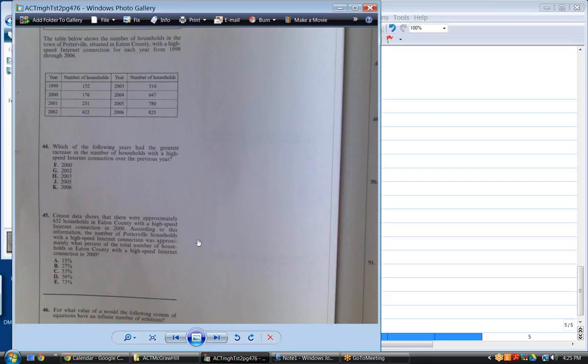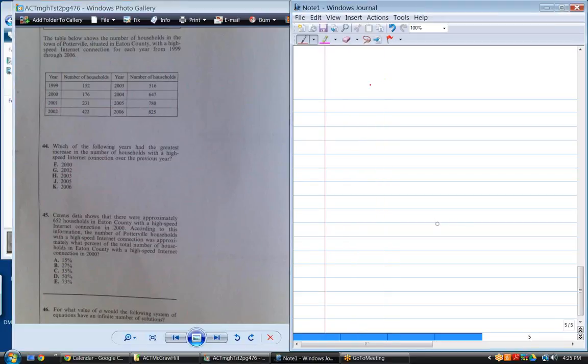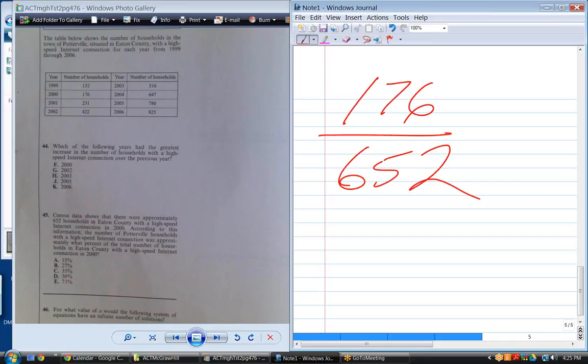So what ratio is going to give us the answer to 45? B. Well, 176 divided by 652, correct? Yeah. And that's B. It's 26.9, or 20.9%. Okay.